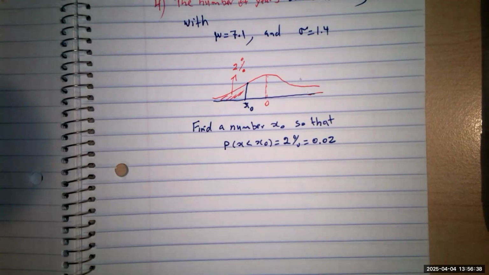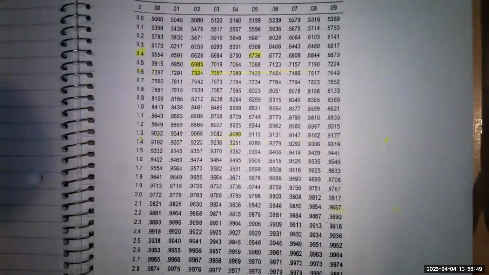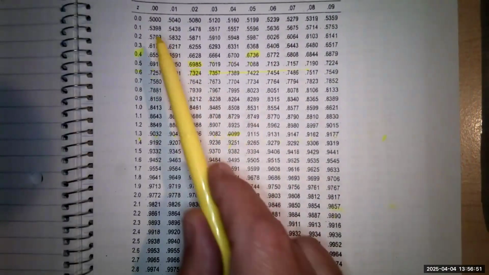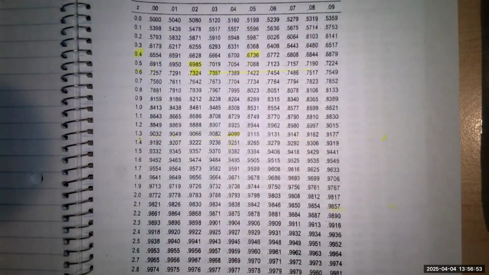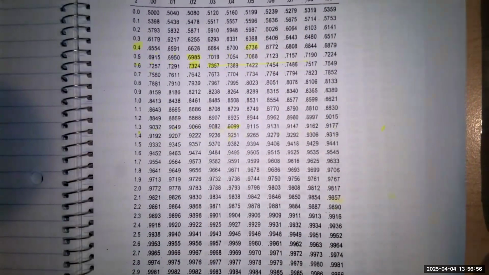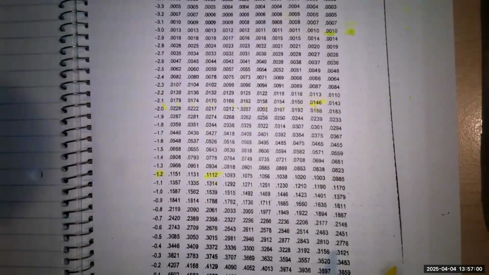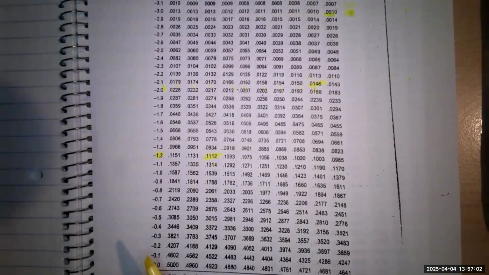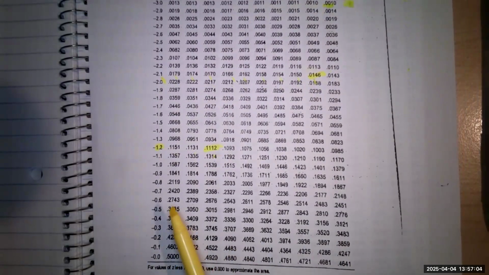If you do it manually, you have to find the number that corresponds to 2%. You start with 0.2 in this table and go to the negative part for the Z numbers. Where is the smallest one you can get?